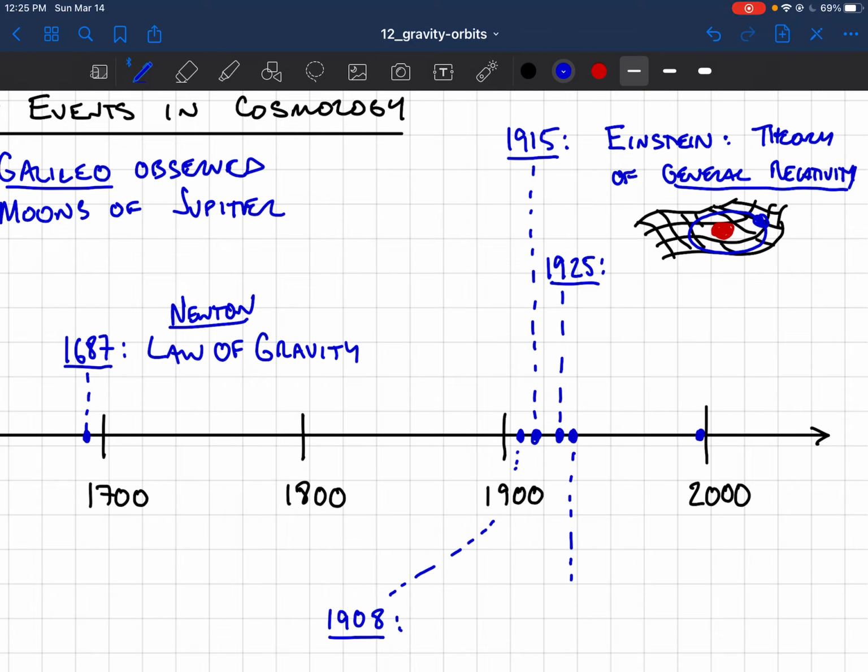And some pieces of that are, well, in 1925, Edwin Hubble came up with the idea that the nebulae are galaxies. So these things had been seen out in space, things that were not stars, but looked like clouds out there in the sky.